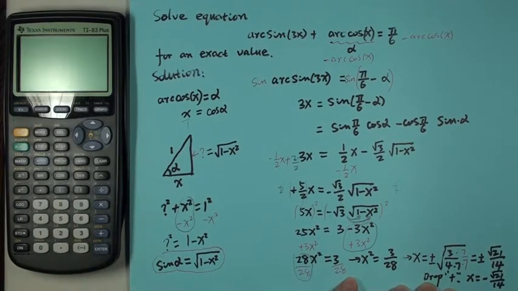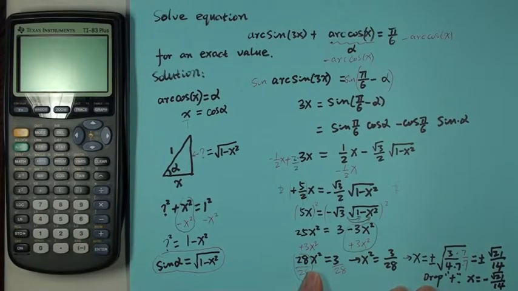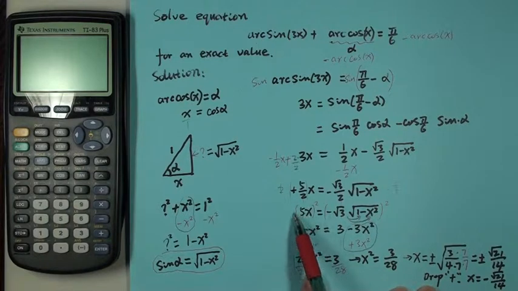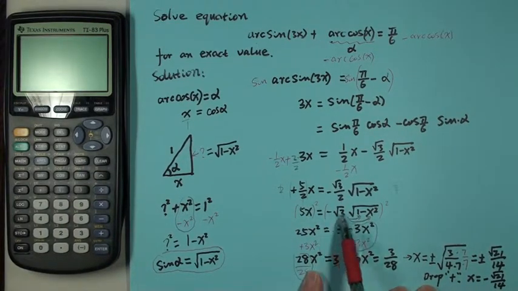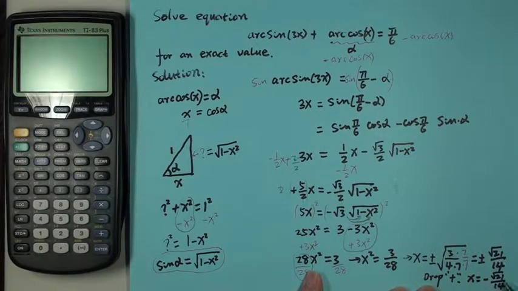You have to drop positive. Look right here, the black number. If you put positive x here, left hand side is positive, right hand side is negative. You won't get it right. If you put negative number here, left hand side is negative, and the right hand side is also negative. So here x equals negative radical 21 over 14 is the final answer. Okay? I'll see you next time.